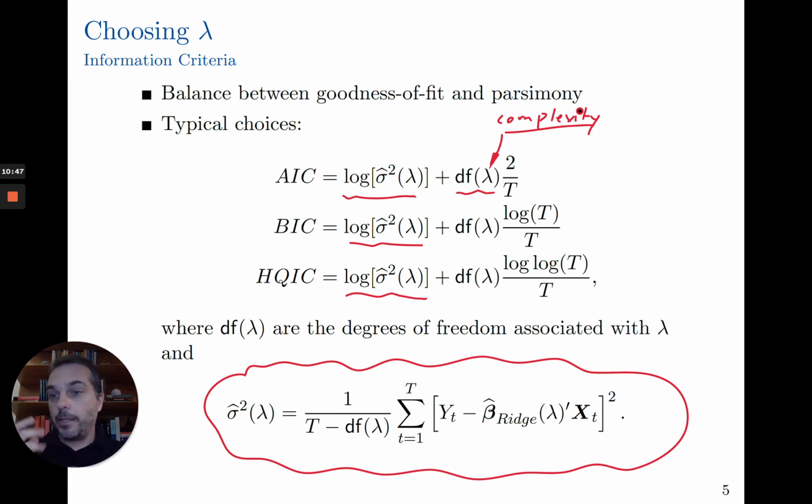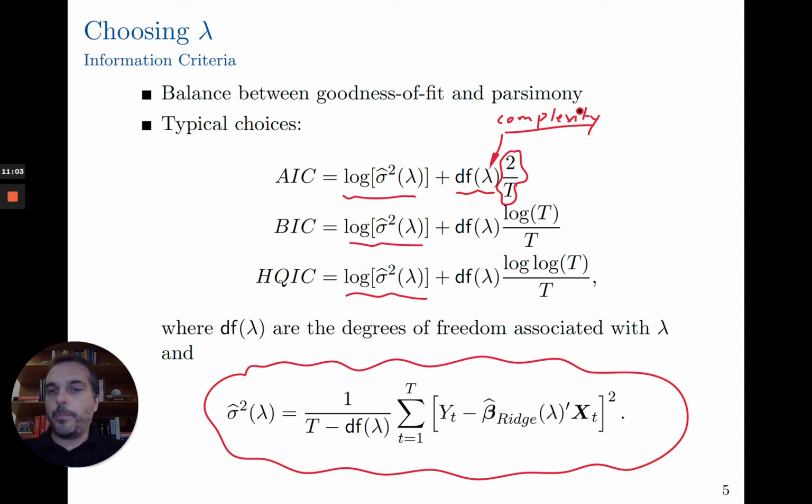So where is the difference between them? In the term that we have here. The AIC is 2 divided by the number of observations.